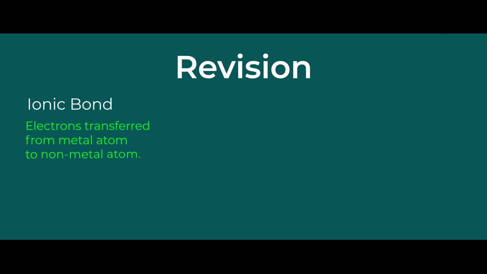Now let us recollect and revise all 3 types of bonds that we have studied so far. First one is ionic bond. An ionic bond is formed by transfer of electrons from metal to non-metal atom and it contains charged particles. The force of attraction is between the positively charged cations and negatively charged anions. Next type of bond is covalent bond.